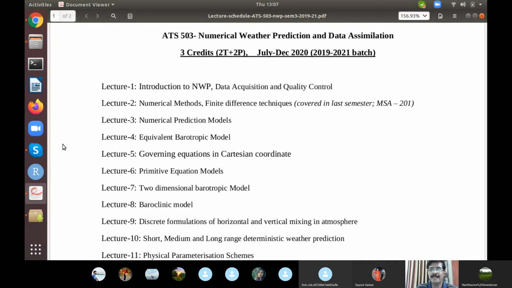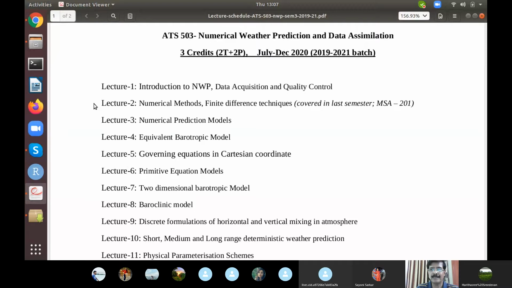So it's a very big topic, and it requires a team. In fact, most of the NWP centers, whether it is IMD or NCMRWF or even abroad ECMWF or NCEP or JMA, anywhere, if you look at the structure of those centers, you will find that at least 50% of their staff, scientists, work on the data assimilation, because this is a very, very important part.